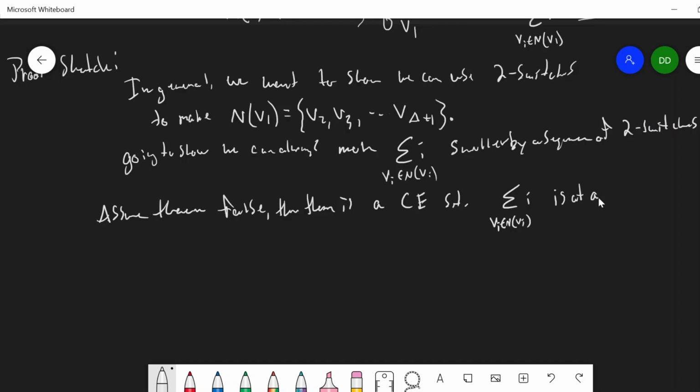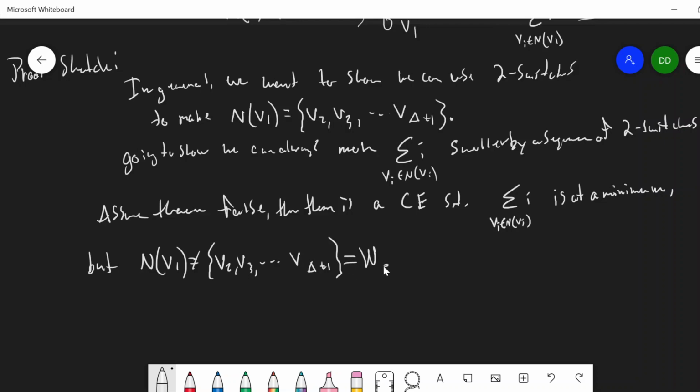So this is at a minimum, but this minimum that we could get with 2-switches is not, in fact, the smallest. So that is, it is not equal to V2, V4, up through V delta plus 1. So the idea is we're going to assume we can't achieve the actual minimum, and so there's some minimal counterexample that's the smallest. We're going to call this set W from now on and not have to write that every time.